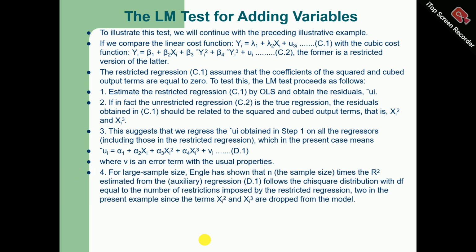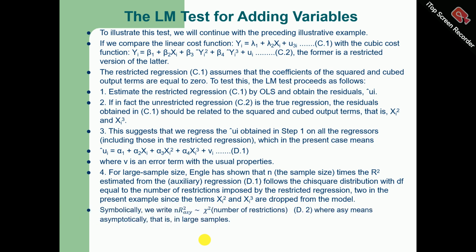that has the usual properties of the classical linear regression model. For a large sample size, Engle has shown that n times the coefficient of determination estimated from the auxiliary regression given in D1 follows the chi-square distribution with degrees of freedom equal to the number of restrictions imposed by the restricted regression. In the present example, since the terms xi square and xi cube are dropped from the model, there are 2 restrictions.